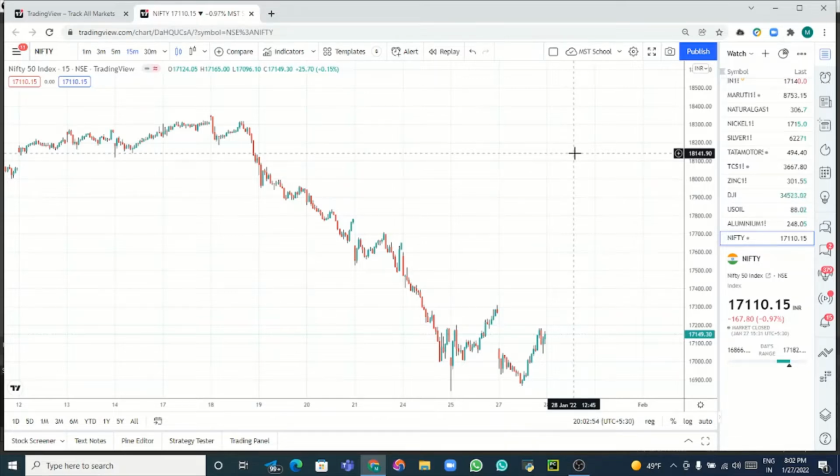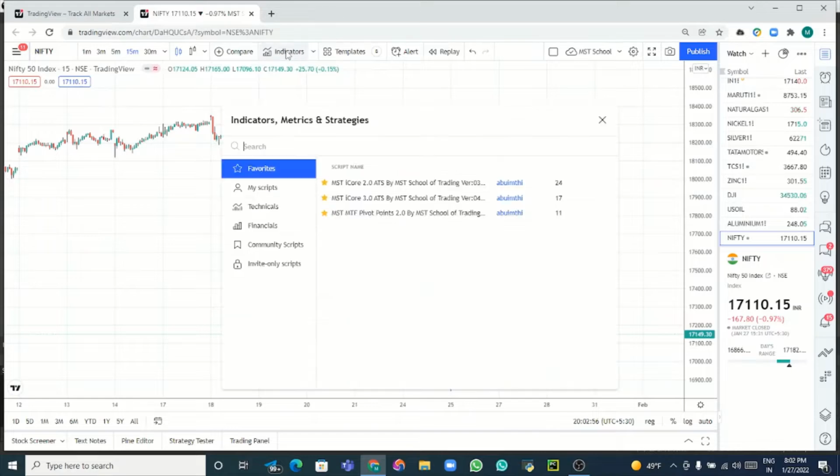Then go to the indicator. Before that, you have to call us and subscribe to the indicator. Once you have subscribed, the indicator will be available in the favorite list. So go to the favorite list and just click on indicator 2.0 once.